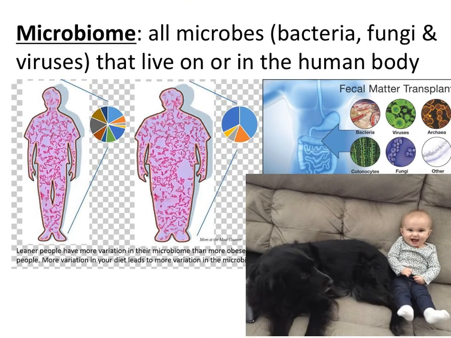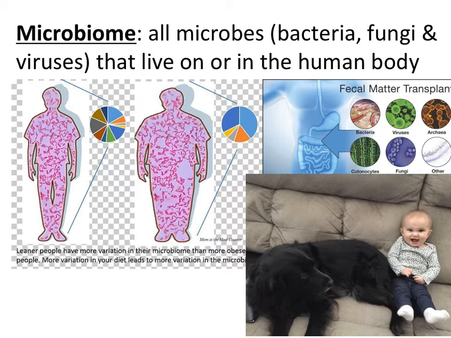Those bacteria cells inside your body are called your microbiome. Biome meaning it's like a group of living things in the same place, all living together, and micro meaning we're talking about the small bacteria cells inside of you. So you've got this microbiome, and it influences a lot of what occurs inside your body.